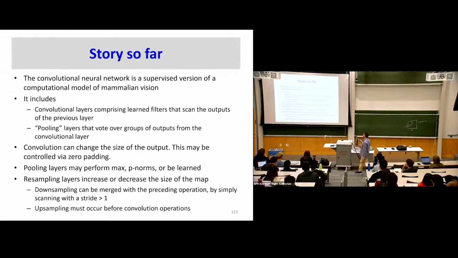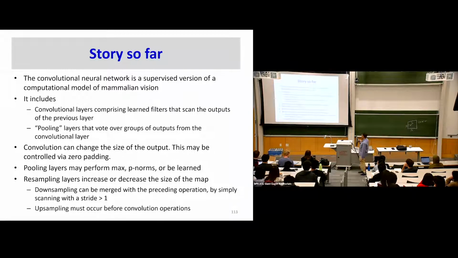So the story so far: convolutional neural networks are supervised versions of a computational model of mammalian vision. They include convolutional layers comprising learned filters that scan the outputs of previous layers, and pooling layers that vote over groups of outputs from the convolutional layer. Convolution can change the size of the output. This can be controlled via zero padding.